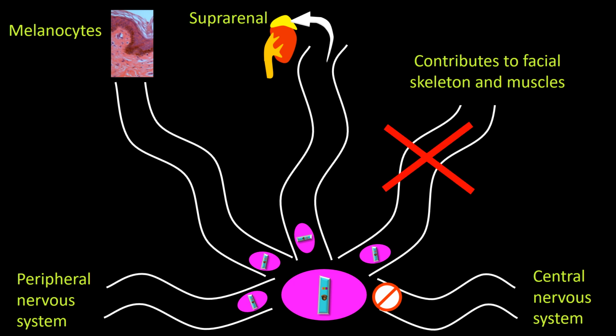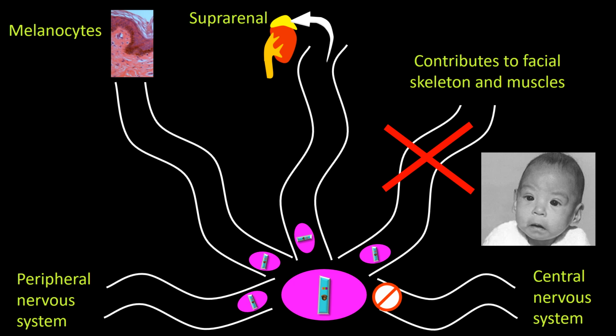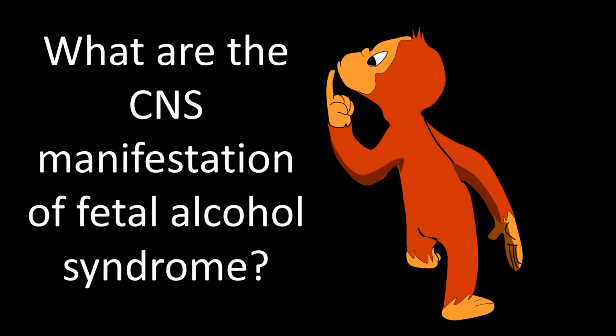This road is blocked in patients with fetal alcohol sequence, leading to the characteristic facial features that we previously mentioned. Now I'd like to consider the effect of alcoholism in the central nervous system.